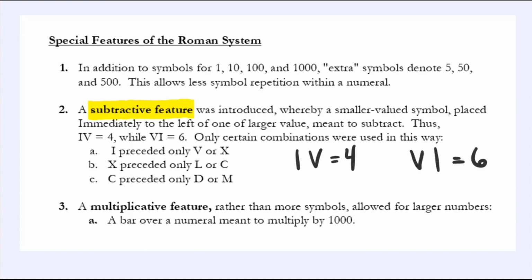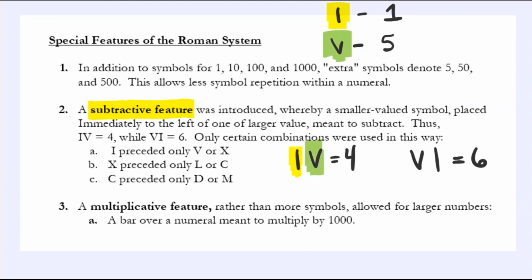And the reason behind this is just this idea of the subtractive symbol. So in the Roman numerals, the line is the 1, the V is the 5. And notice in the representation that represents 4, we have the 1 symbol coming before the 5 symbol.